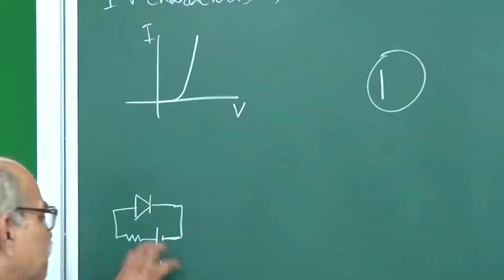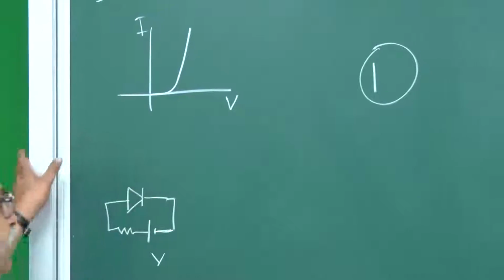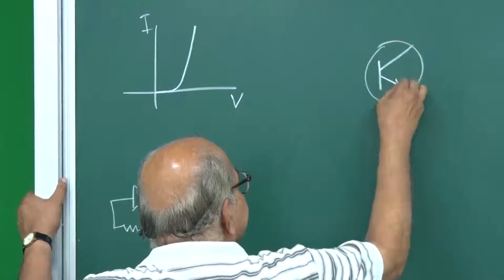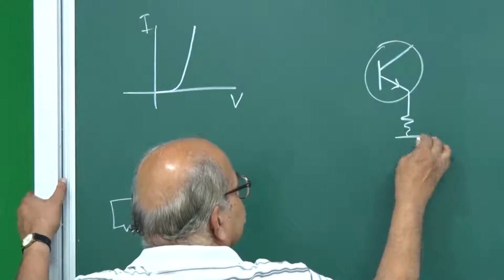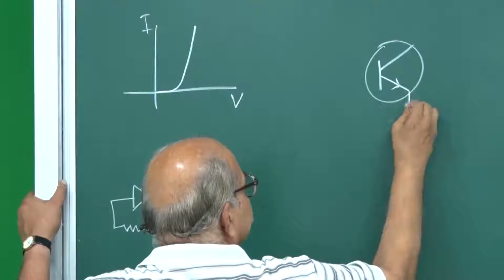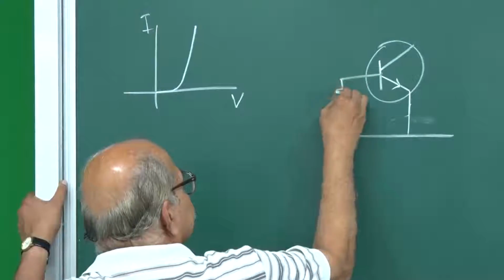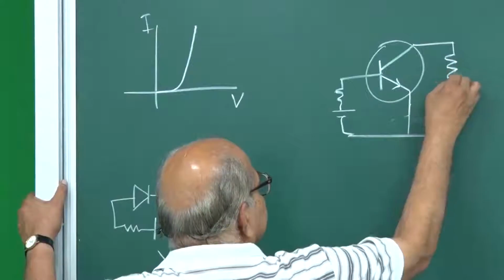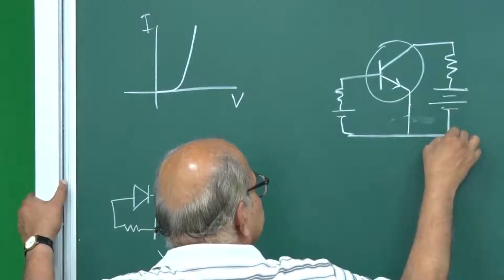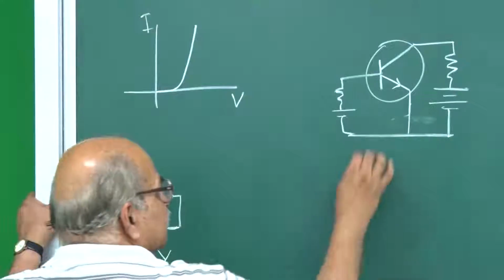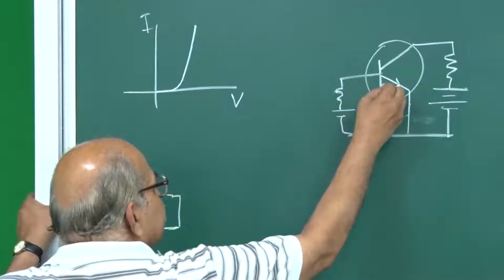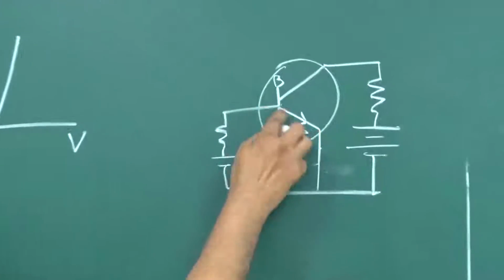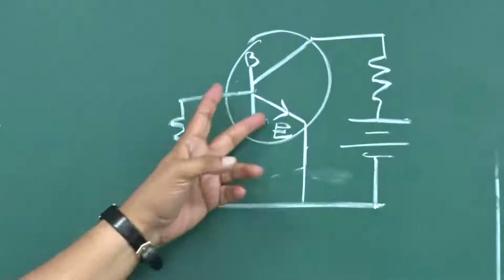In a p-n junction there was only one combination, V and I. So if I have this transistor, and then I have this input side and this output side, then this is base and this is emitter, and you have VBE, the junction potential difference, the voltage across the junction.